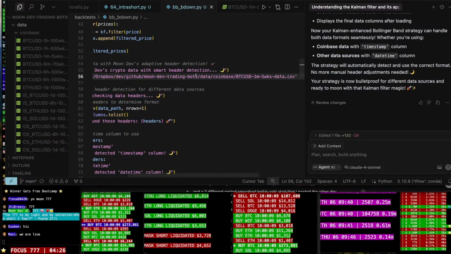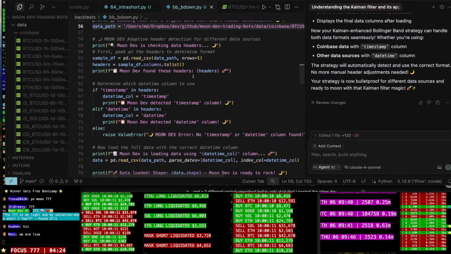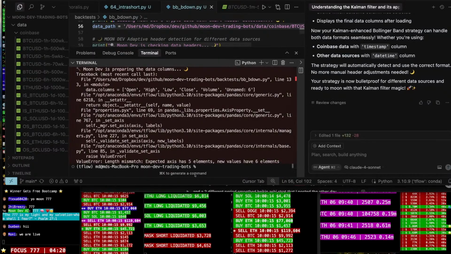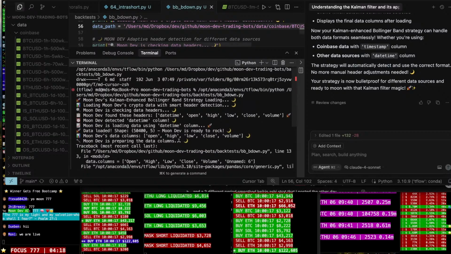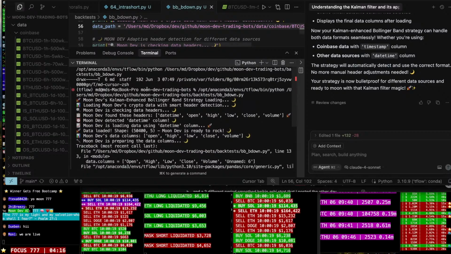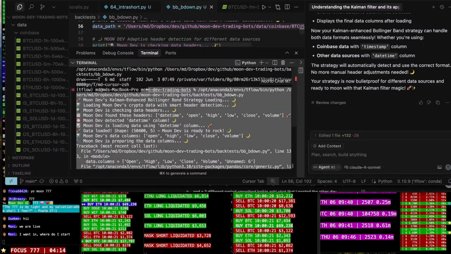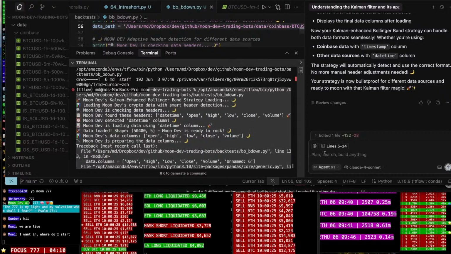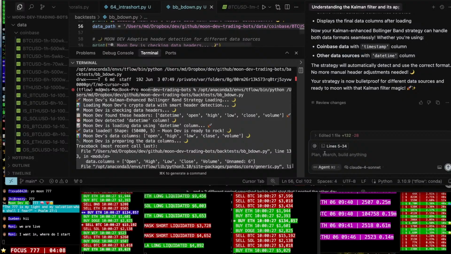So let's start with the 1 minute and just test a bunch of ideas here. And we're going to have to get the code working first. There's going to be an error. I've got this error, but sometimes we have a trailing comma on our data, so I think that's the error.